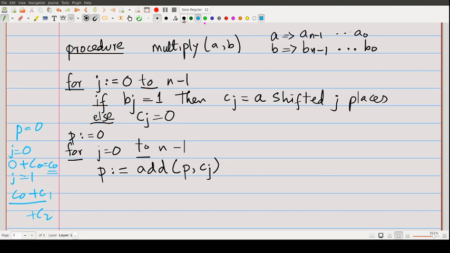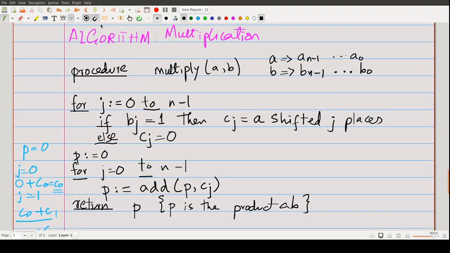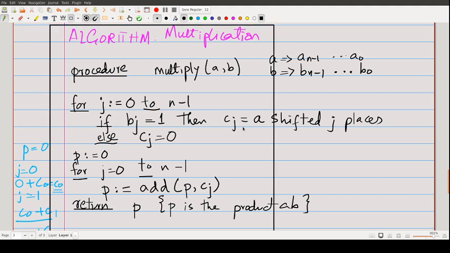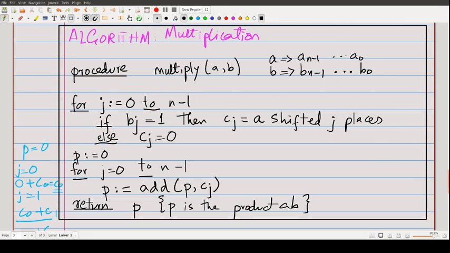The last step is then just to return P, which is the product A times B. Okay, so that's your algorithm. Let me know if there are any questions here.